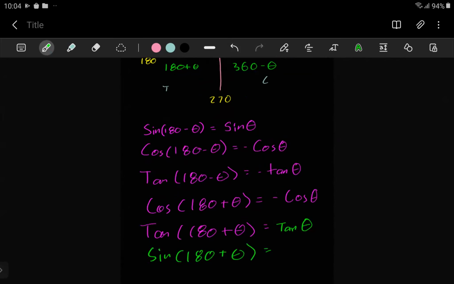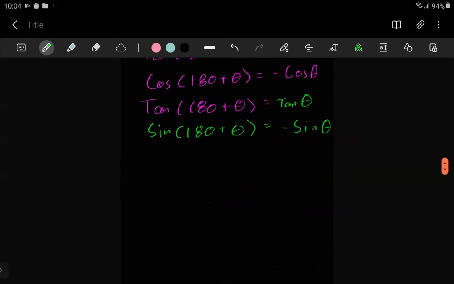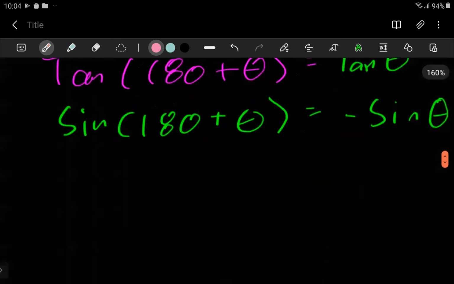Negative sine theta. There we go. You see, as long as you're dealing with 180, whether you're plus or minus, these stay the same. It's sine and sine, cos and cos, tan and tan, cos and cos. The moment you start with 90, you only work with cos or sine.